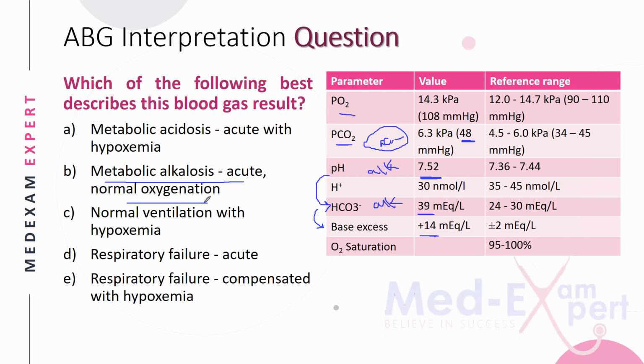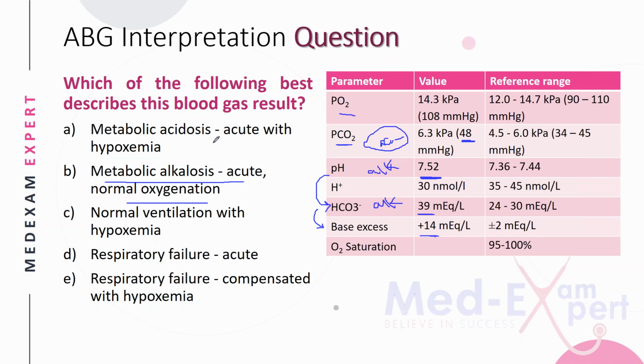Of course, I can say that there is some sort of compensation here, but still I have to stick to the options given, because this kind of question is said to be the single best answer. So from this answer, this is the single best one.